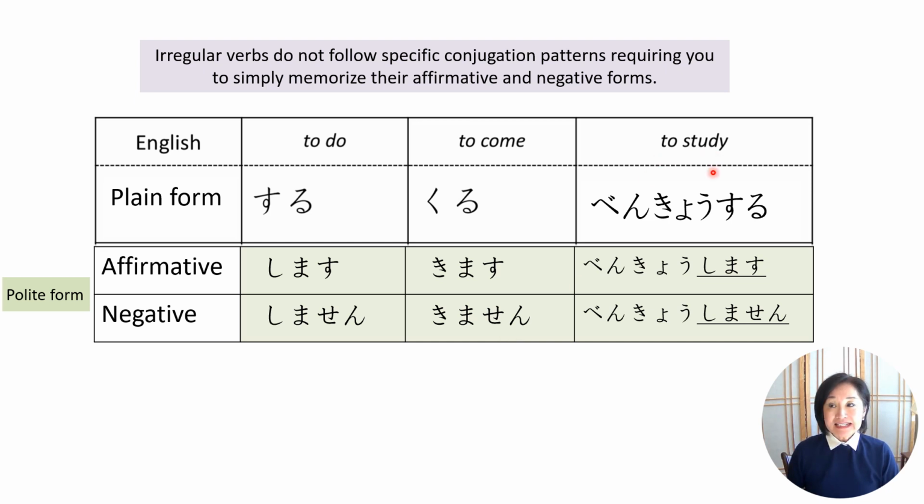To study is 勉強する. Affirmative 勉強します. Negative 勉強しません. The ending of this part is the same as these because this is the compound verb using do verb at the end.